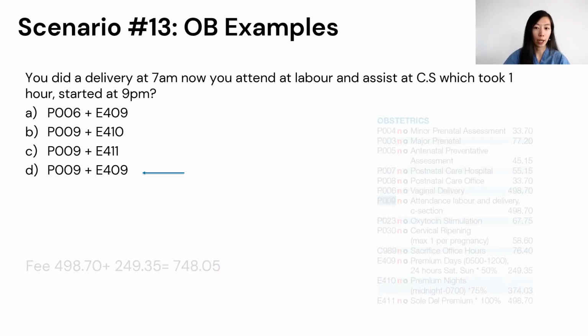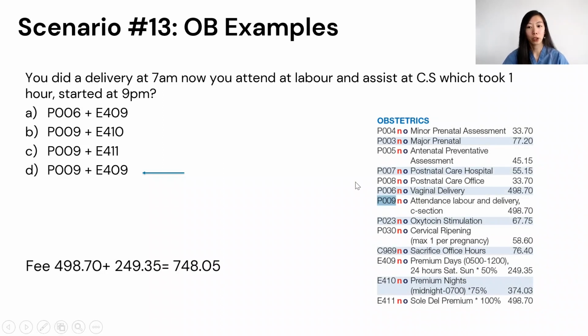And the reason why is a P009 is for when you attended labor and delivery C-section, and you also did a delivery at 7 a.m. So you had a premium for the days. And this bills about $249. So the sum of this is $748.